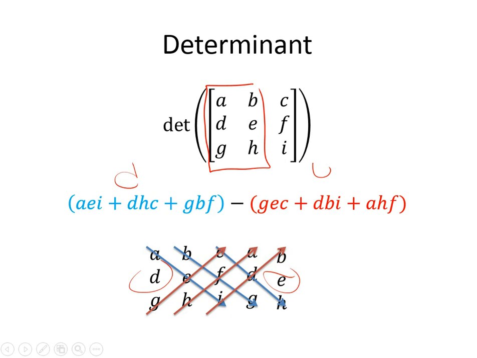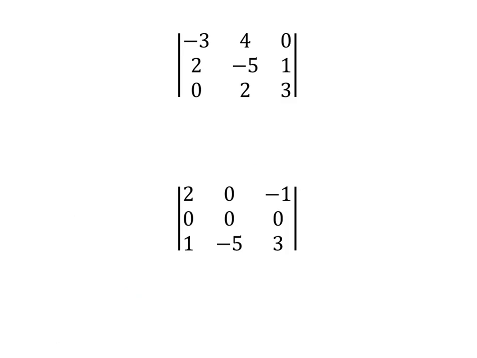Okay, so it's a little bit more confusing, but it's still pretty straightforward. With this one, what we'd want to do first is rewrite -3, 2, 0, 4, -5, 2. Then we would do all the downs first.